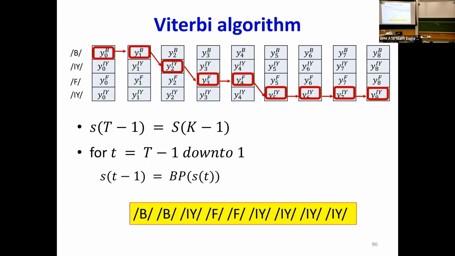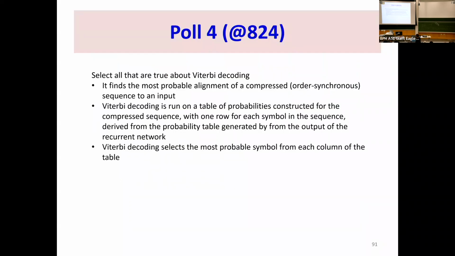So we are looking at the compressed sequence vertically. The horizontal sequences are time synchronous; they are expansions. And the vertical sequences are the compressed sequence. So what we did was create a table of compressed versus expanded, and then you found the best path through it. That's a good question, actually.